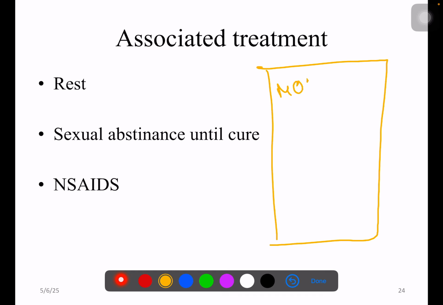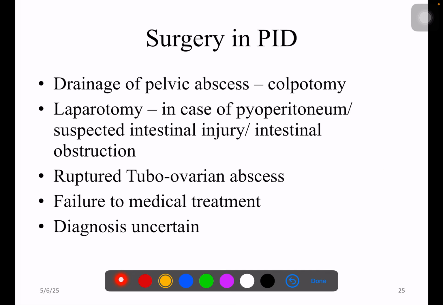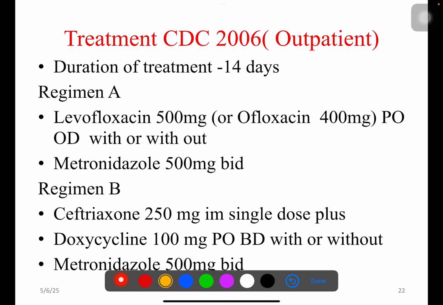I remember it in the fashion of MOL, DCM, DC and GC. MOL means metronidazole, levofloxacin, ofloxacin. DC means ceftriaxone, cefoxitin and doxycycline. DCM means doxycycline, ceftriaxone and metronidazole. And GC means gentamicin, clindamycin. You have to write this.